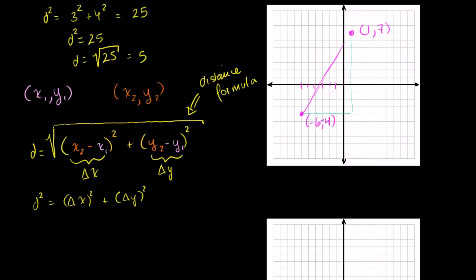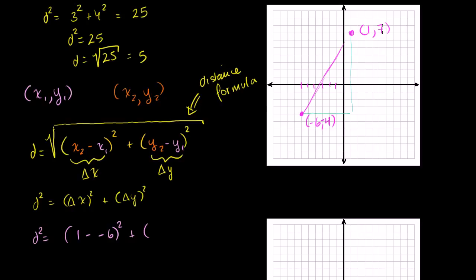So let's do it. Our change in x, it doesn't matter. In general, you want to take the larger x value minus the smaller x value, but you could do it either way. So we could write the distance squared is equal to, what's our change in x? Let's take the larger x minus the smaller x. 1 minus -6, squared, plus the change in y.